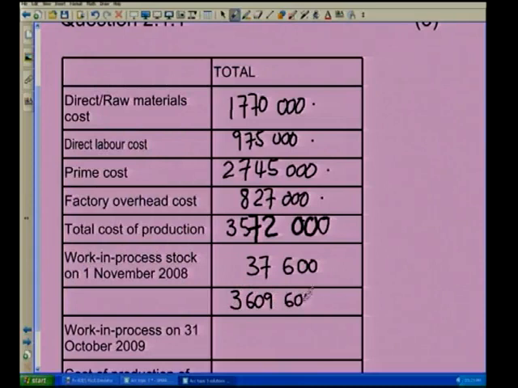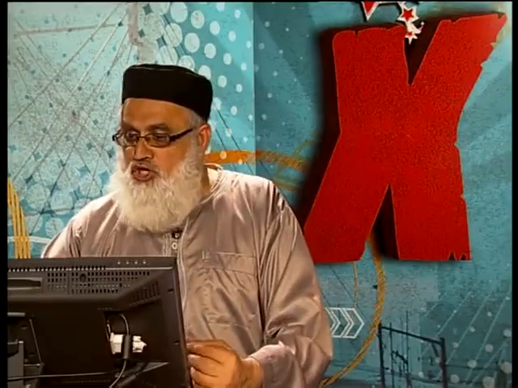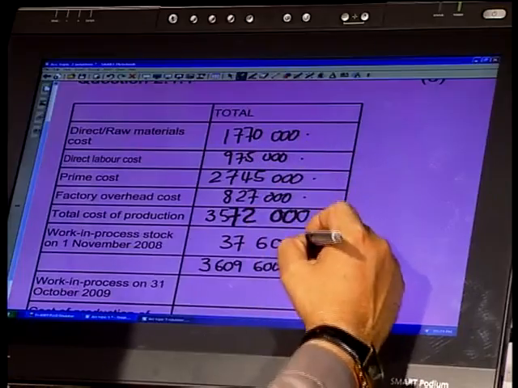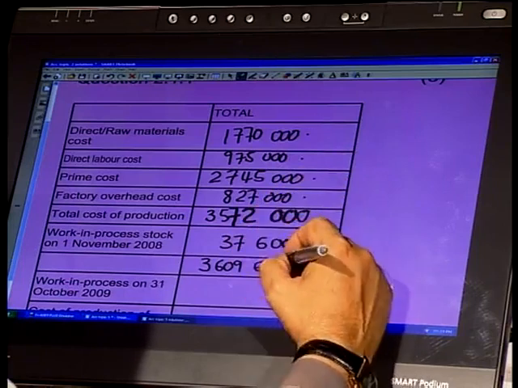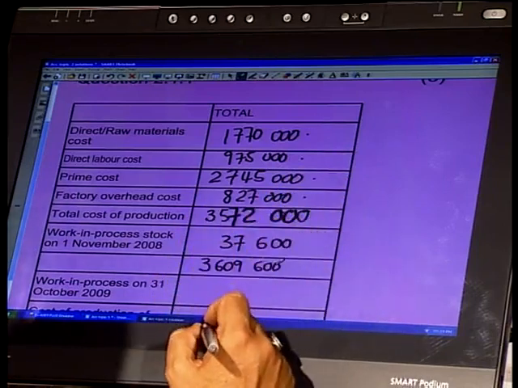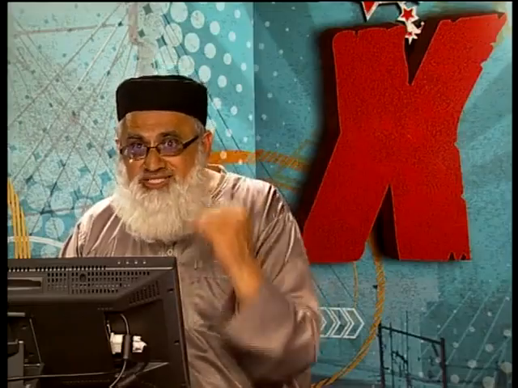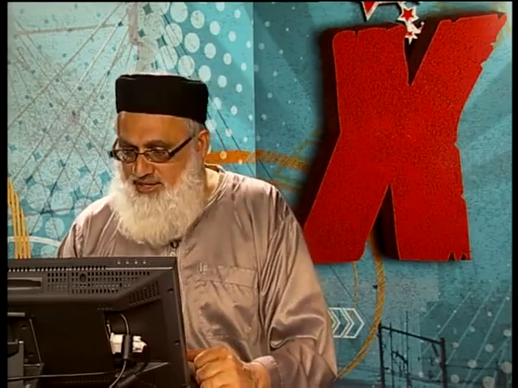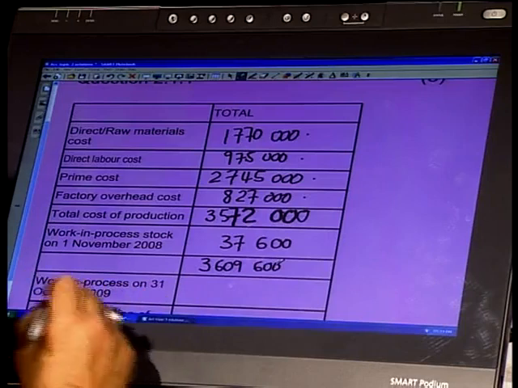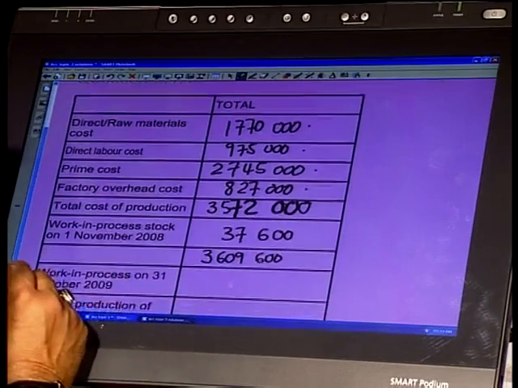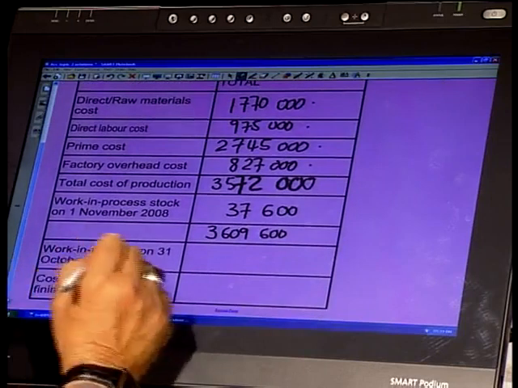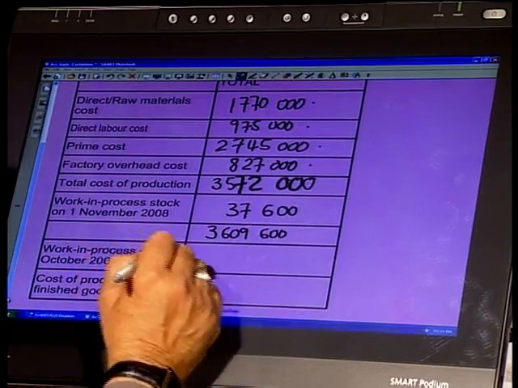Is that correct? I think it is. Calculators don't lie. 3,609,600. Remember, this is a work with figure. What have you done? You've added your total cost of production plus your work in process to give you this figure here, which is a work with figure. In other words, you continue to work with this figure.